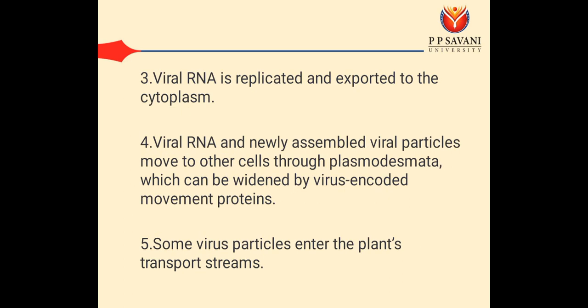Viral RNA is replicated and exported to the cytoplasm. Viral RNA and newly assembled viral particles move to other cells through plasmodesmata, and some virus particles enter the plant's transport streams.